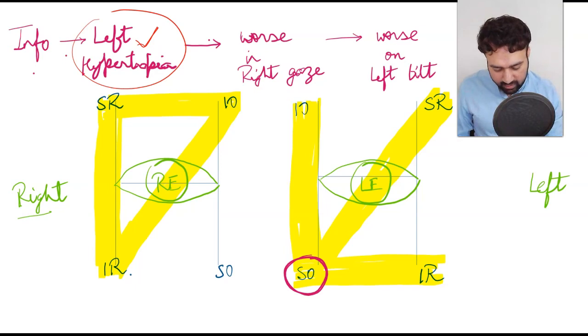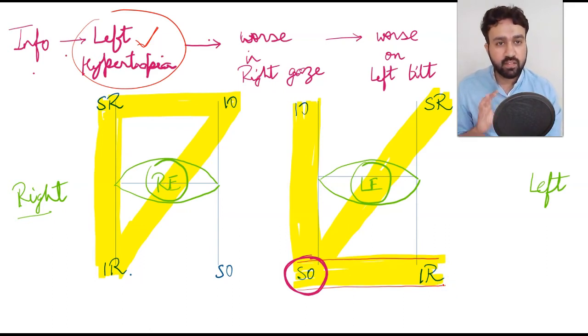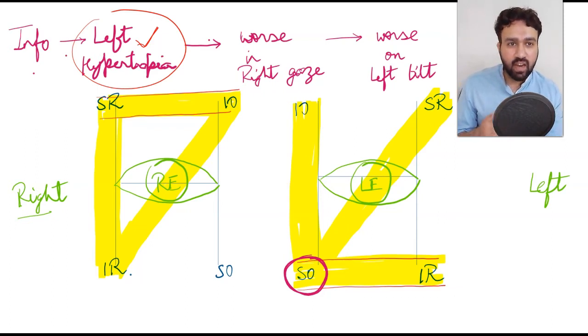So in this case, for the left eye, the superior oblique and the inferior rectus, these are the depressors of the left eye, which could be paralytic, which is causing the left hypertropia, right? On the other hand, for the right eye, the elevators, superior rectus and inferior oblique, could be paralytic. So that's causing the right eye to be slightly downwards compared to the left eye. Okay? That's the first piece.